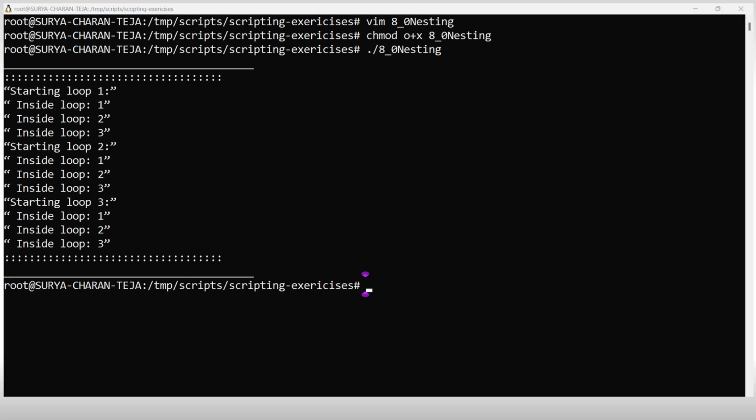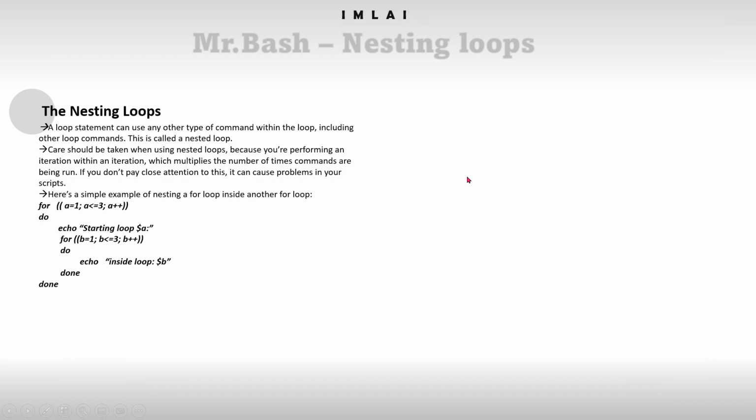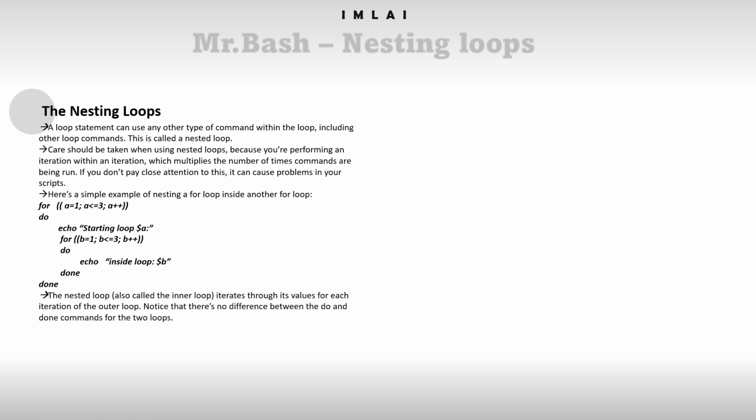Here is a nested for loop inside a for loop. The nested loop is also called the inner loop, so we can say outer loop and inner loop. The inner loop iterates through its values for each iteration of the outer loop.